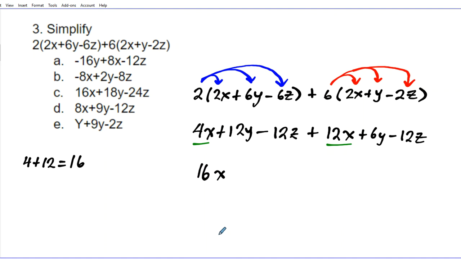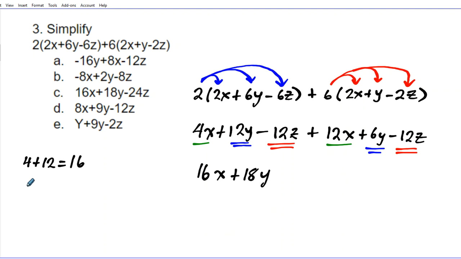And then we are going to combine the y's. 12y plus 6y. What is 12 plus 6? 12 plus 6 is 18. So that's plus 18y. And then the last one is the z's, negative 12 minus 12. Okay? So what is that?